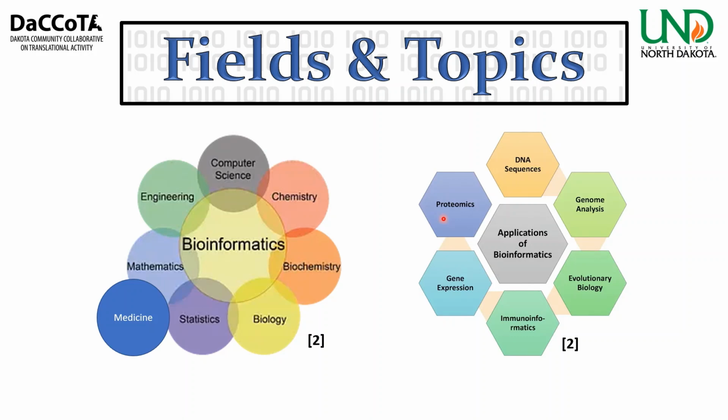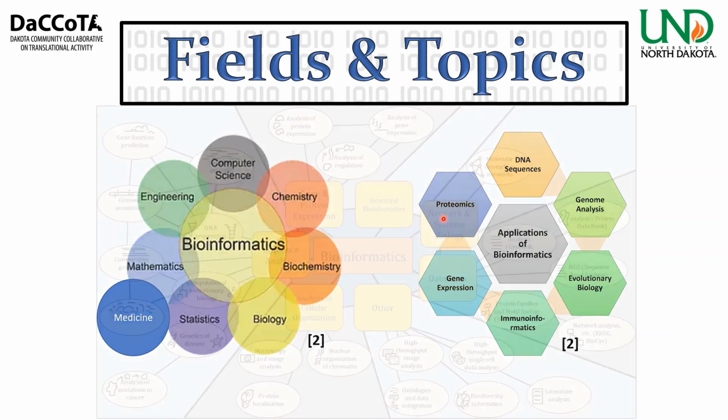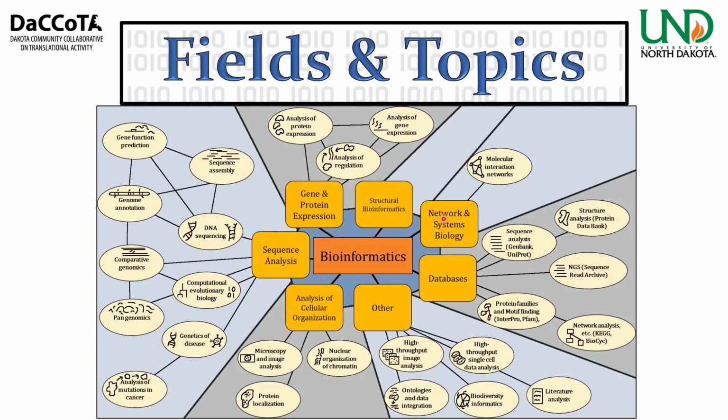I couldn't really find a great overarching infographic of bioinformatics, so I did my best to make my own here. This is taking topics and subtopics from the Wikipedia entry on bioinformatics and trying to piece it out here. So the big picture ones, the subtopics are in this orange.